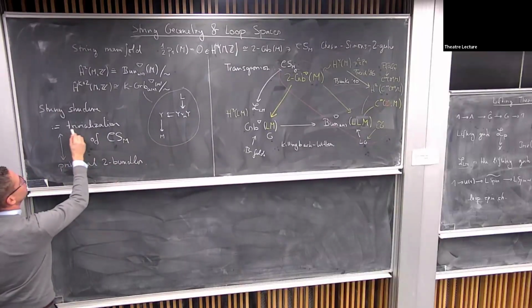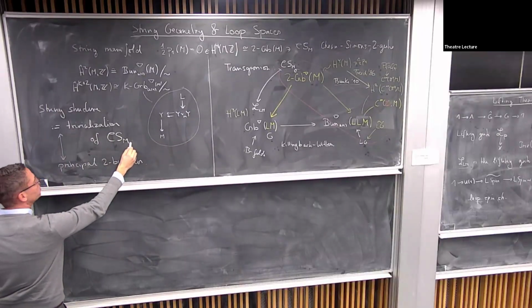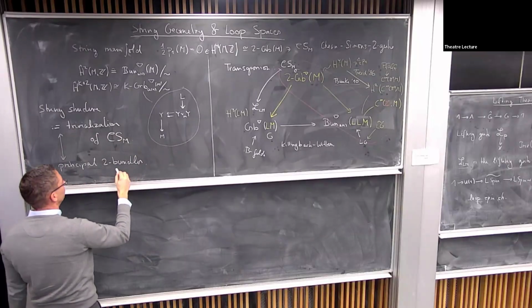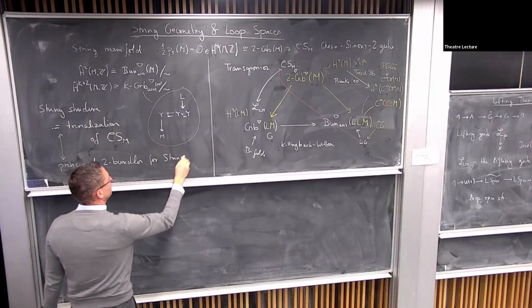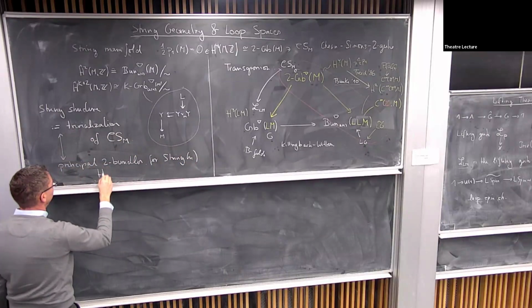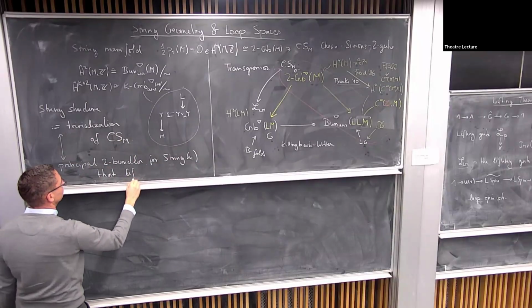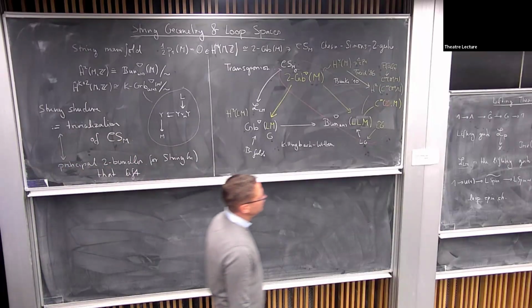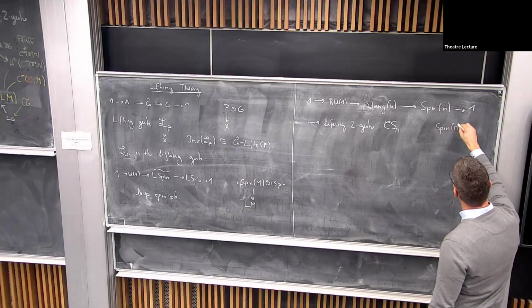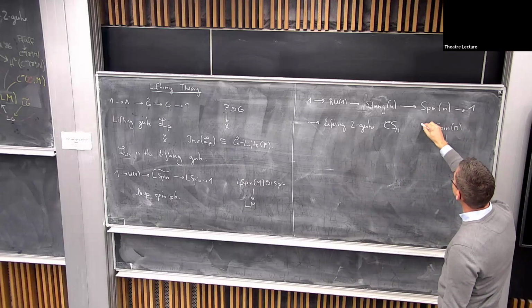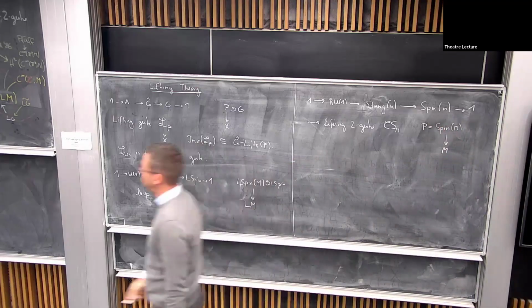The trivializations of the Chern-Simons 2-gerbe correspond to principal 2-bundles for the string group, String(n), that lift. I didn't mention that the bundle is again the spin frame bundle, that's our P, that lifts Spin(n).